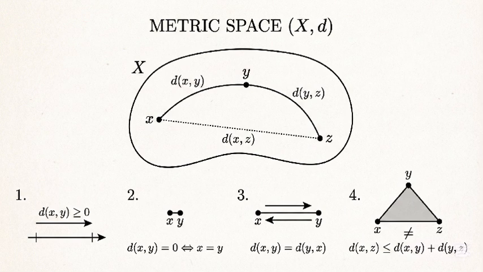And also the fourth property, the triangular inequality. We can see that we have a distance between x to y, a distance between x to z, and a distance between y to z. And we can see from the diagram that the distance from x to y and y to z may not necessarily be equal to the distance between x and z.